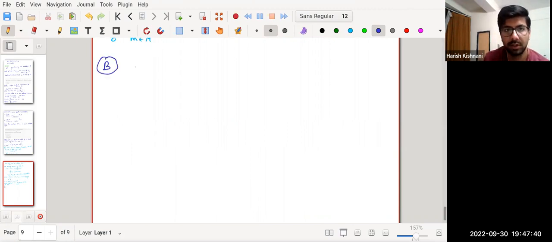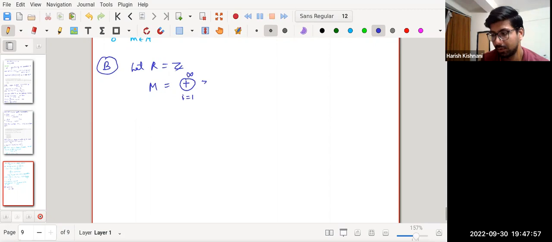Let R be Z and M be the direct sum of Z modulo 2^i Z. So your i is also increasing.